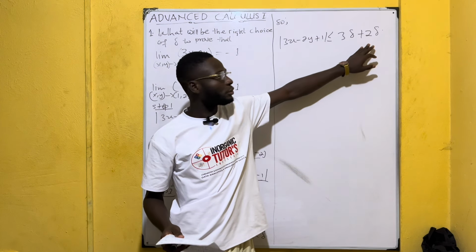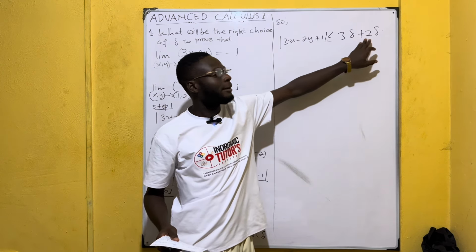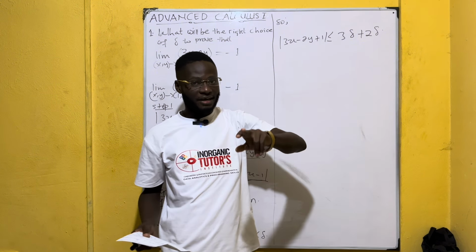We can combine these two expressions: 3 delta plus 2 delta gives us 5 delta.